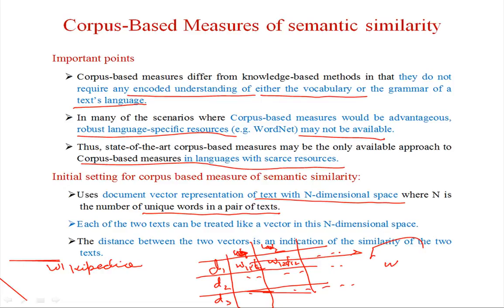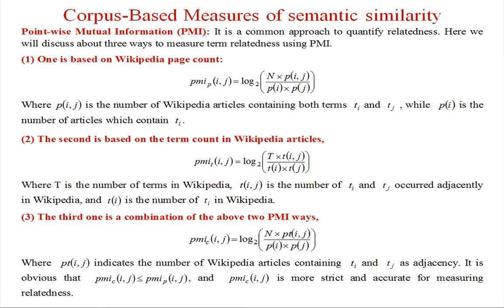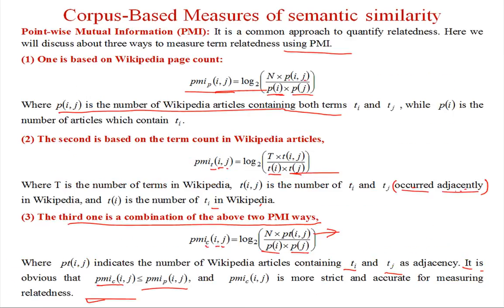For example, suppose a Wikipedia article contains a word sequence; then for document D1 we will store W1, W2 in the first column, W2, W3 in the second column, and W3, W4 in the third column. By using this we can count such adjacent word occurrences and apply it here.